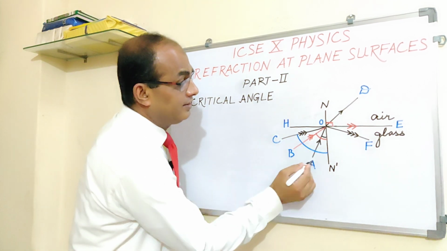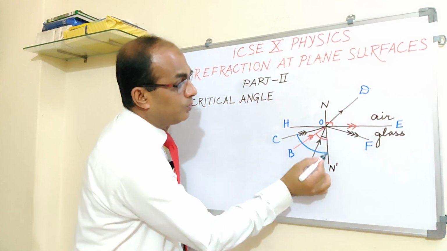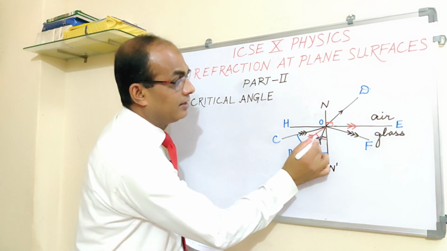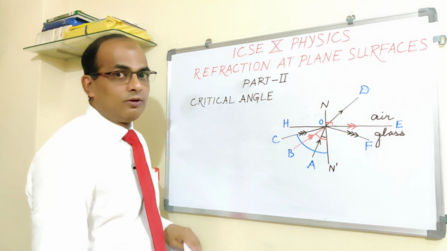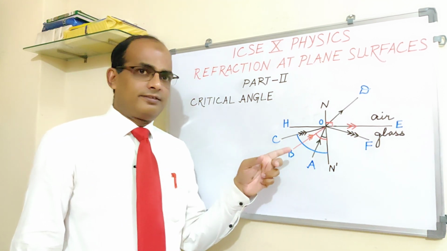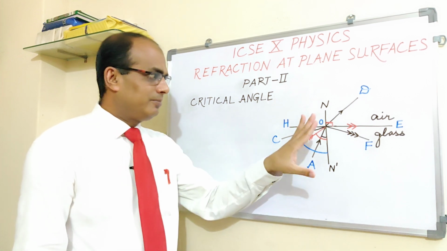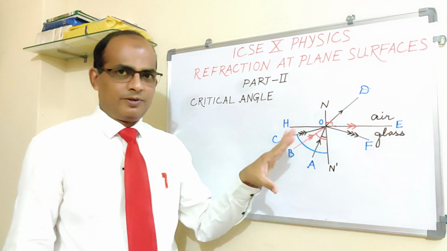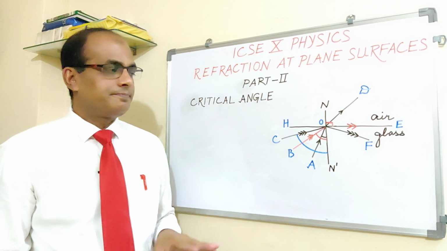And the angle of incidence is this, angle AON dash, this angle in black. That is the angle of incidence. I have taken only 3 rays because if I take more than 3 rays, then the diagram will be very busy, untidy.